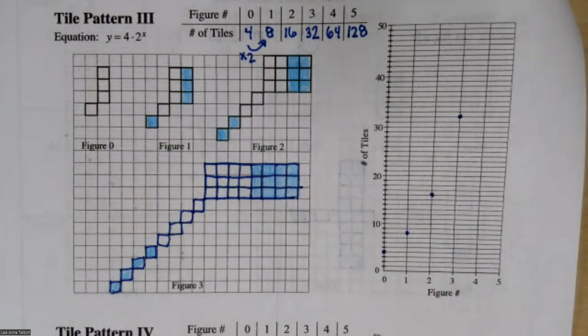But you should notice that this one is curved again. All right, you guys, one more, and then we're going to the notebook, and then we'll be done.